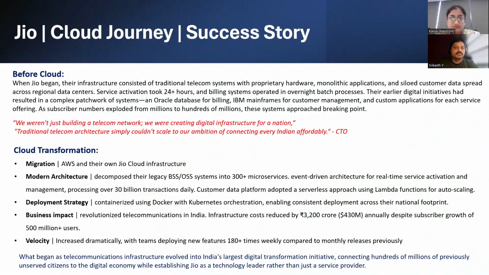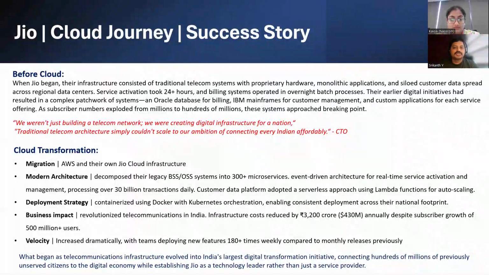From a deployment perspective, they were using Docker and Kubernetes for orchestration, with deployment across the country, including localized edge centers and data centers, and they revolutionized telecommunications in India.